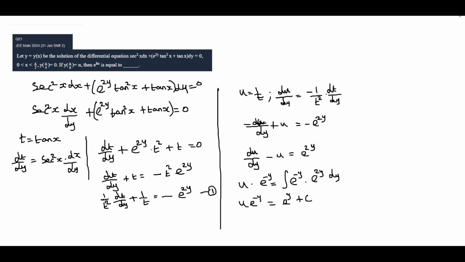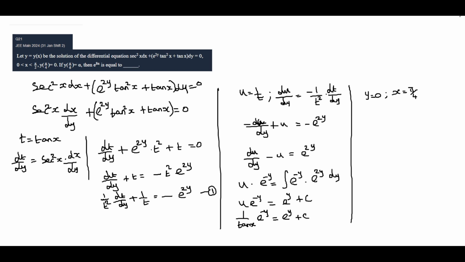So u will be what? u equal to 1 by t, and t is tan x, so 1 by tan x into e power minus y equal to e power y plus c. Now using the condition: y equal to 0 when x equal to pi by 4.